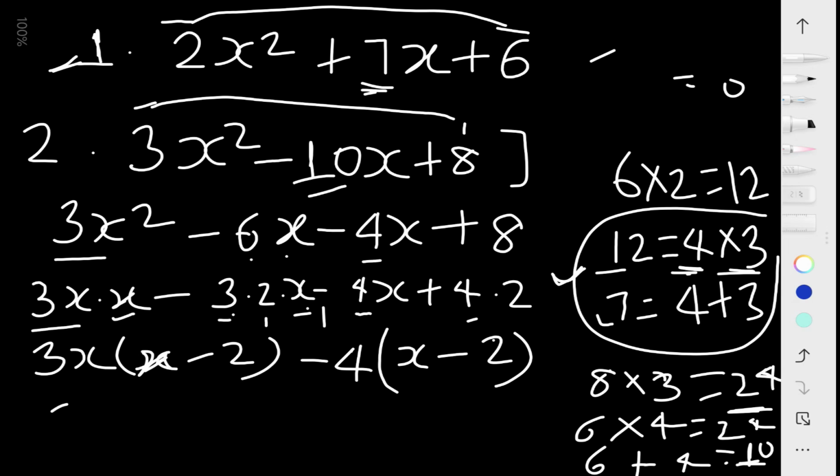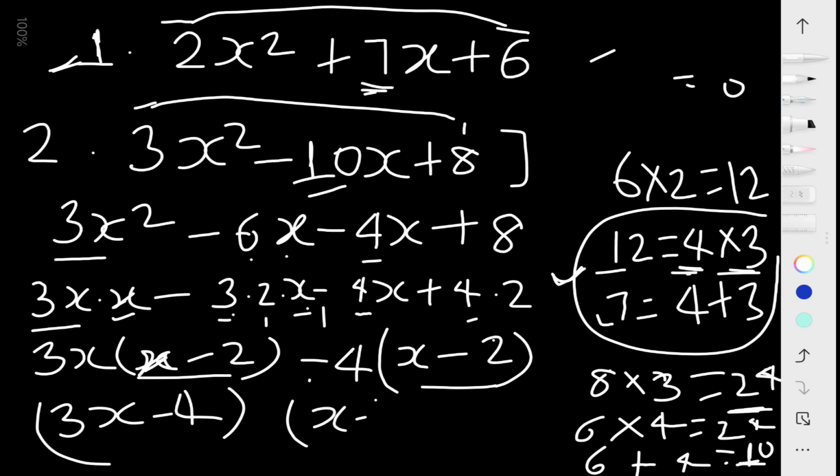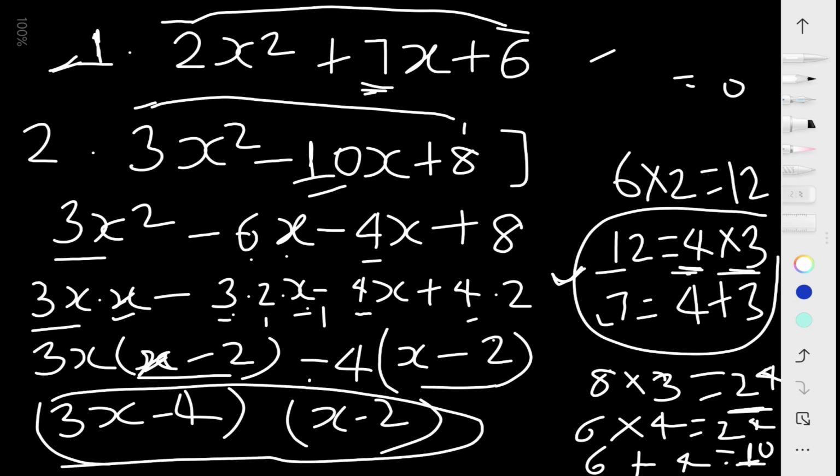Then you will get 3x minus 4, and the next one, both common, x minus 2. This is the solution.